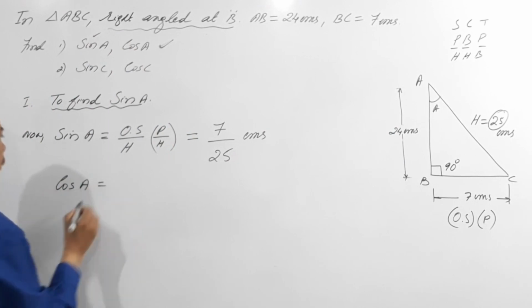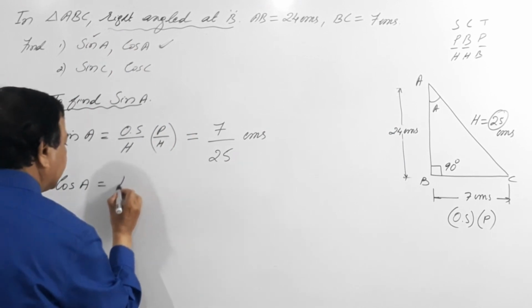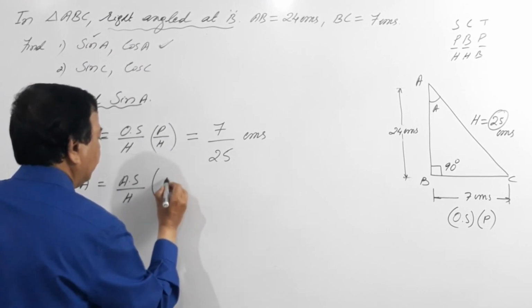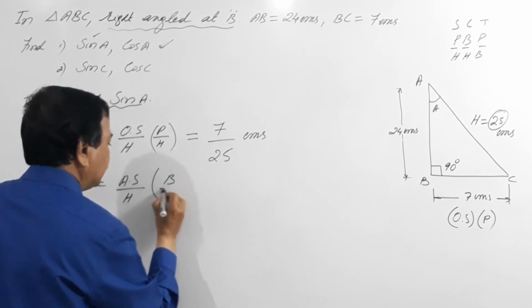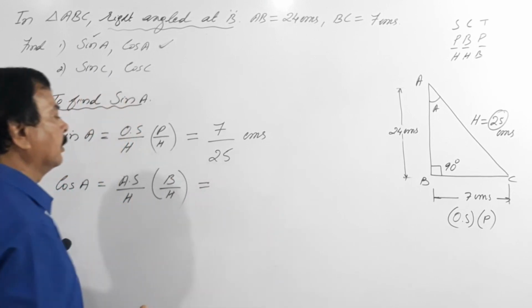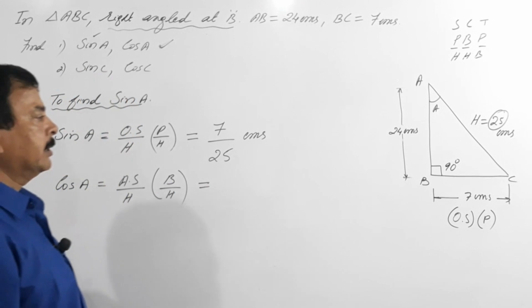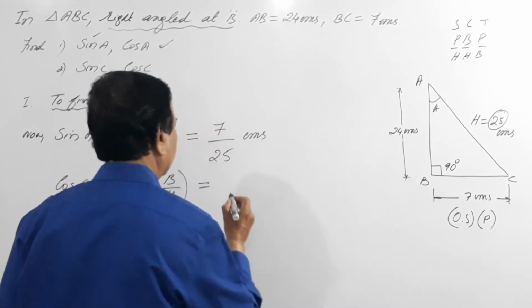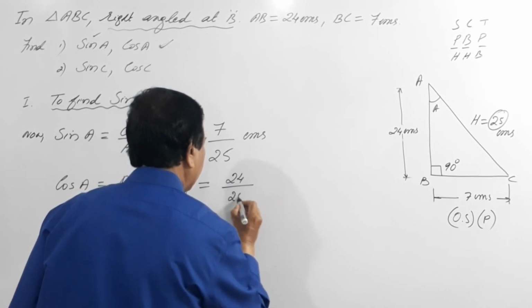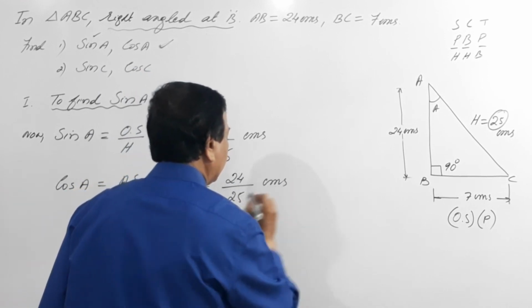Now cos A equals adjacent side by hypotenuse, meaning base by hypotenuse, equals what? Base is 24, hypotenuse is 25 centimeters.